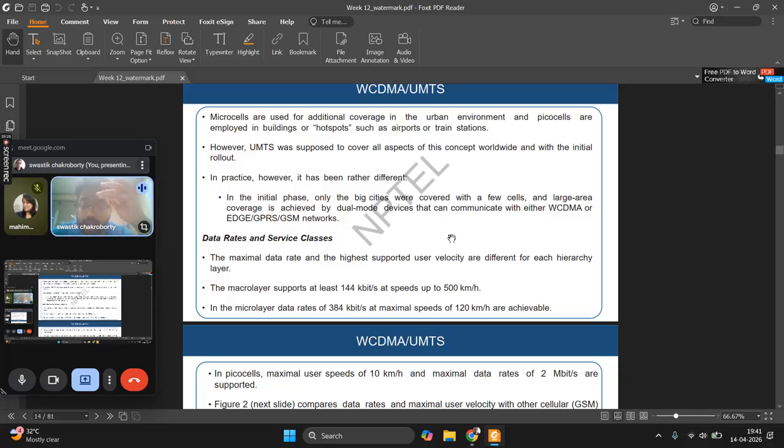So the core network will have very high data rate, and the highest layer of UTRAN will also have high data rate. The lower levels of UTRAN will have lower and lower data rates. By the time you come to the base station, you have a very low data rate, and the entire communication network is designed with the QoS of the lowest data rate at the user end in mind.